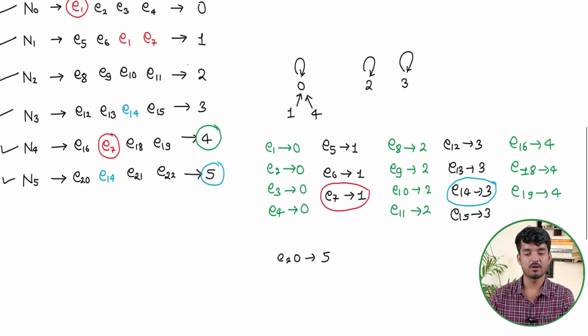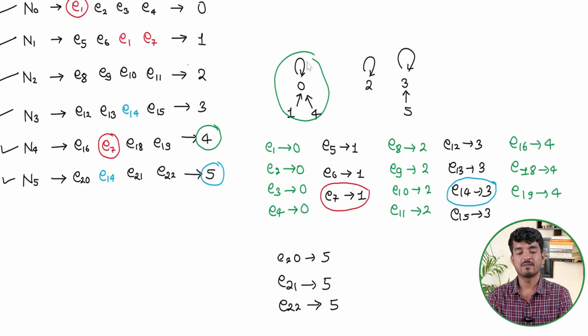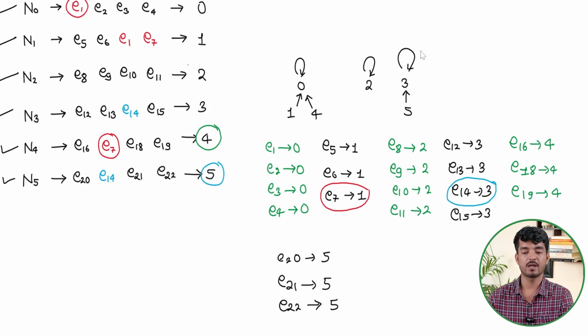That is, these two accounts belong to the same person, and that is true as well because we have a common email. Then E21 first time, so 5. E22, an email that we encountered for the first time, so again 5, right? And once you get this, the accounts with indices 4, 1 and 0 we have to merge together. The account with index 2 is independent, then accounts with index 3 and 5 we have to merge together.